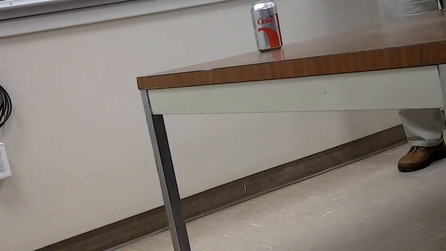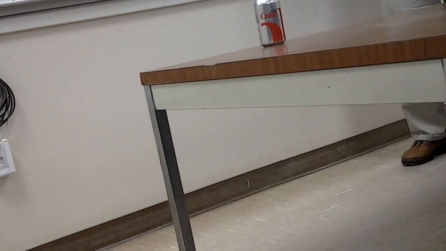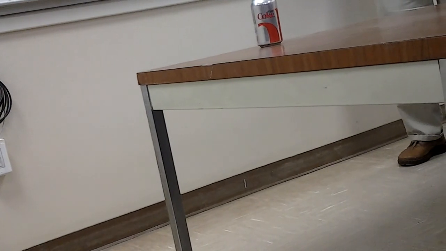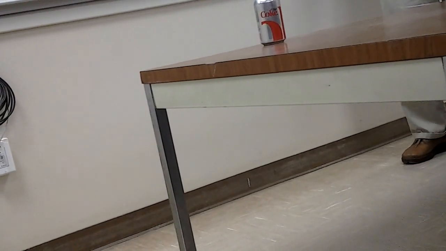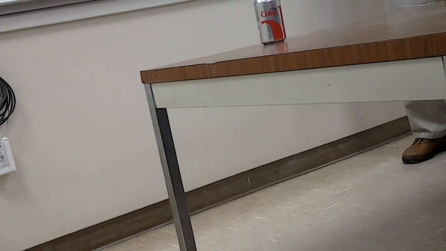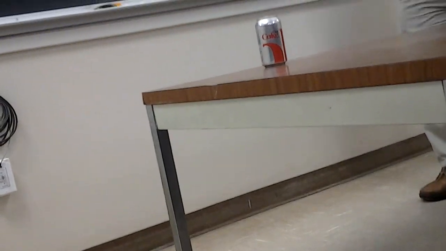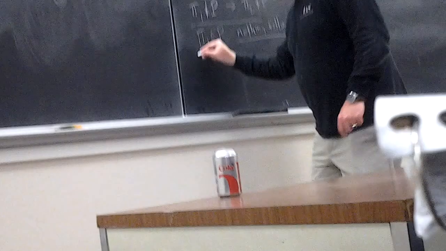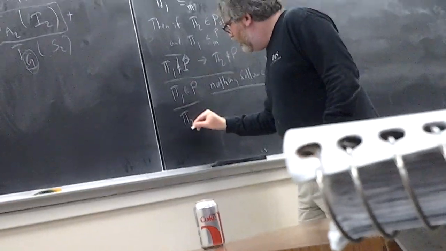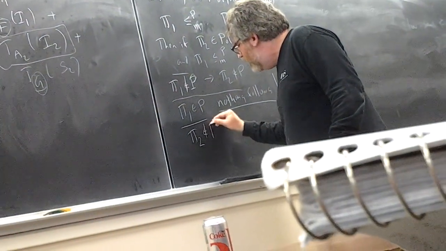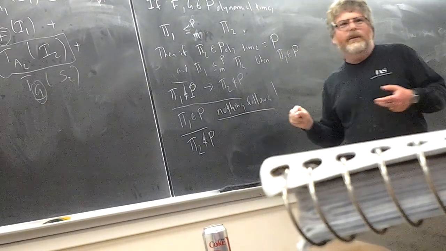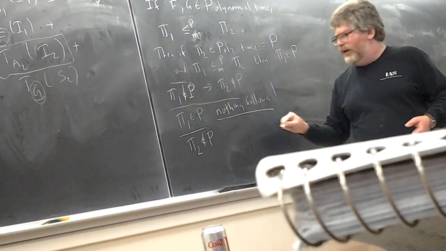Even if viewing it makes it an instance of independent set, independent set is hard in the worst case. It's not hard in every case. And so the class of instances that you're talking about might be easy instances of independent set. Actually, I'm going to show you maybe one in a second. And how about if we know that pi 2 is hard, what can we conclude about pi 1? Nothing. Nothing.